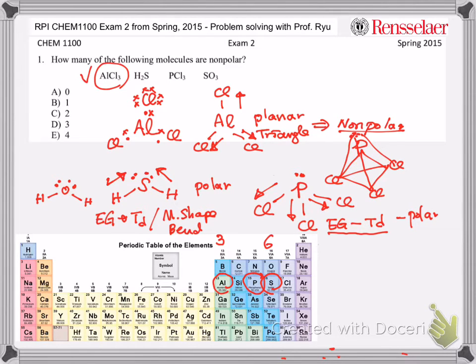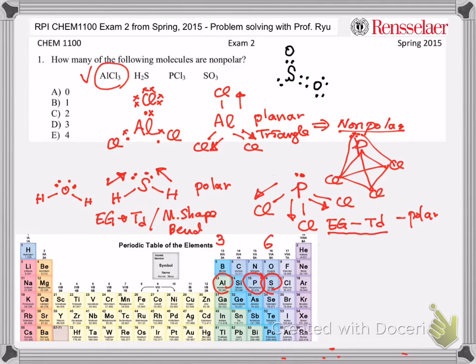So far we have only one nonpolar. The last one, probably I will use a different color, is SO3. Once again, sulfur has 6 valence electrons, and you have 3 neighboring oxygens. One way to think about it is that I equally use 2 electrons each, and oxygen has 6 valence electrons.